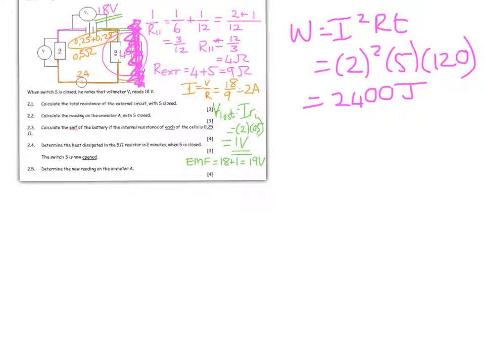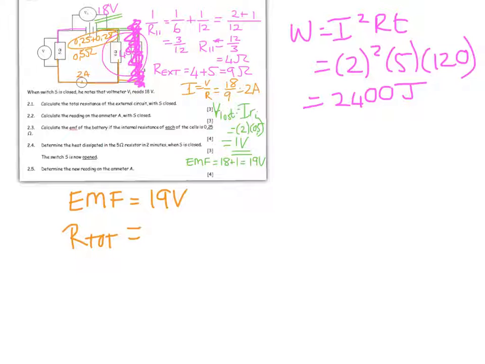What stays the same? Firstly, EMF is constant. Doesn't matter what's happening, my EMF is going to remain 19 volts. So that doesn't change. My resistances stay the same. My total resistance doesn't, but each of the different resistances stays the same. So what's my total resistance now?